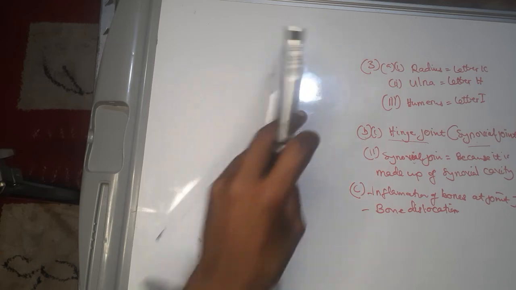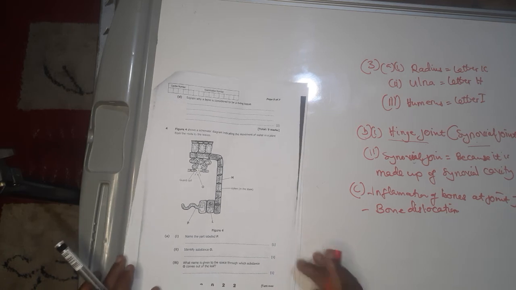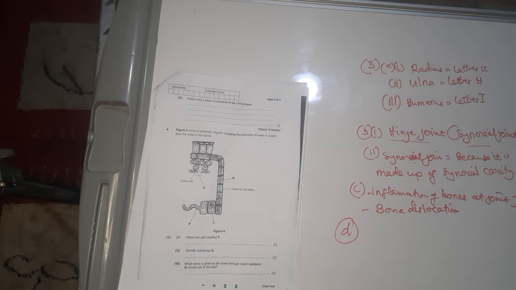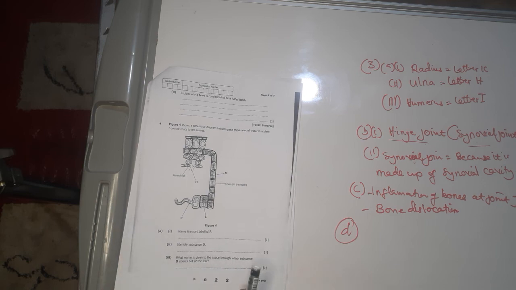Okay, the last question for question 3 is explain why a bone is considered to be a living tissue. So why is a bone considered to be a living tissue? The bone is considered to be a living tissue simply because it is made up of living cells and it grows. You know, one of the characteristics of living organisms is growth. Living cells do respiration.